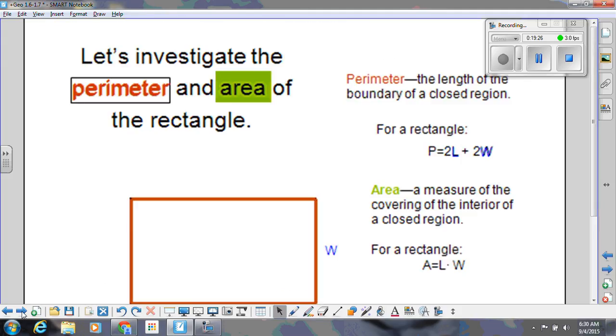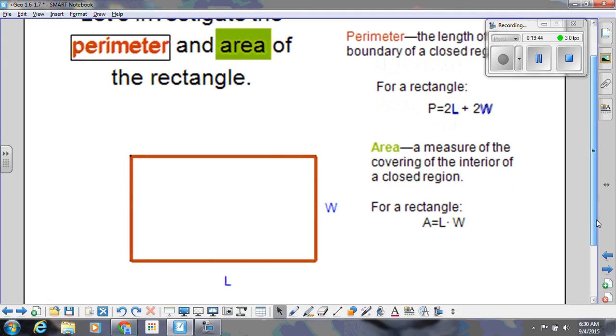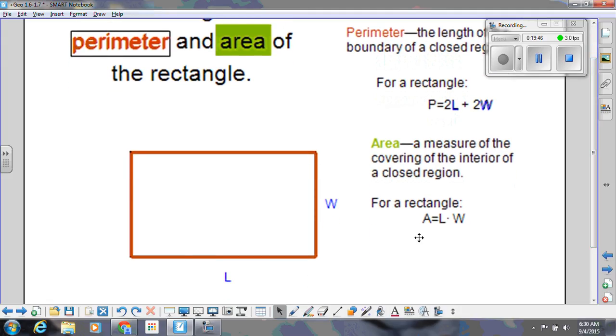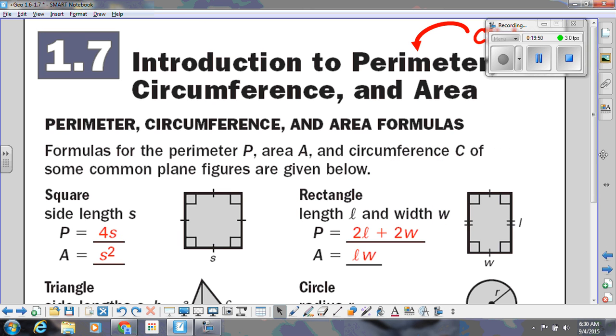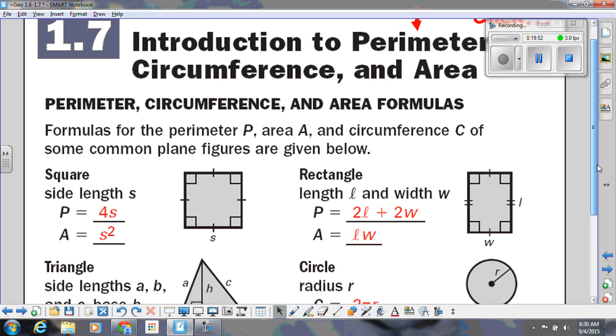So let's talk now about 1.7, which is perimeter and area. So remember, perimeter is the distance around a shape, and area is the amount of space inside of a shape. And here we've got specifically a rectangle, and these were those formulas for a rectangle. On this page, I just have reminders of some formulas.